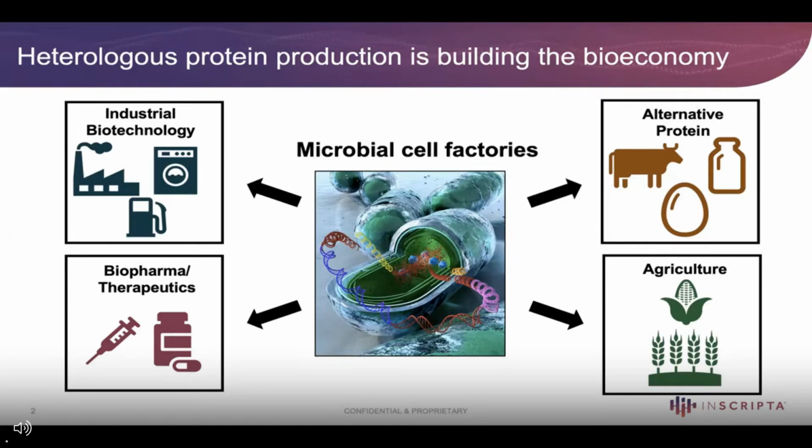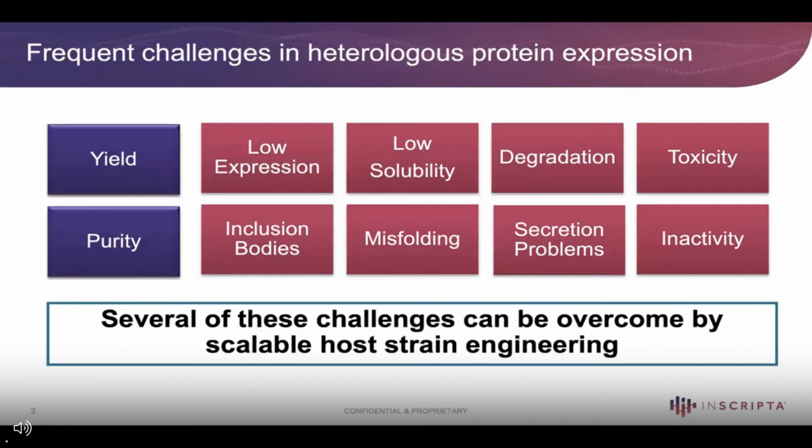And those span the gamut from enzyme replacement therapy through generation of specific antibodies. All of this is being built on the aspect that we can do rapid engineering of host cells, and these microbial cell factories are that production element that's necessary for advancing all of these industries.